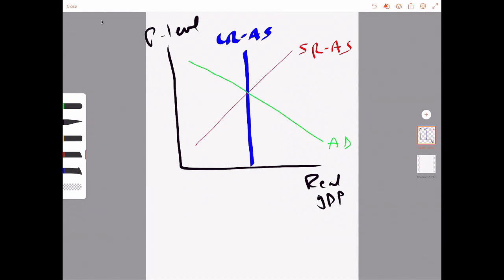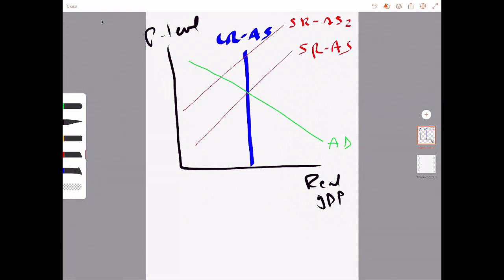So that's going to change our short-run aggregate supply curve, and hopefully that causes the curve to shift only in the short run. So there's our new short-run aggregate supply curve.